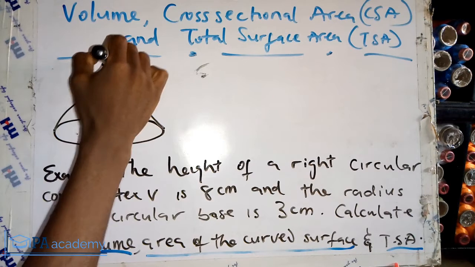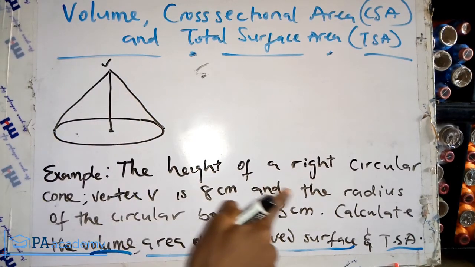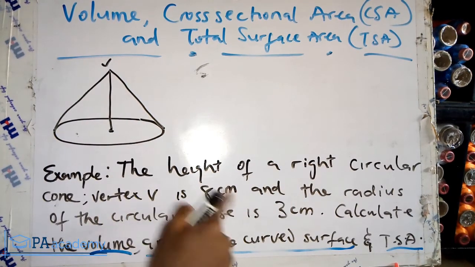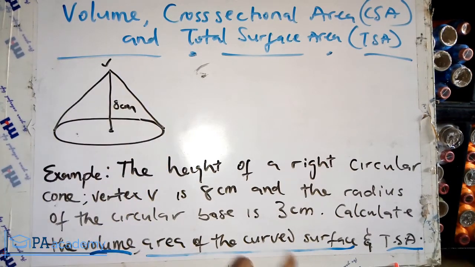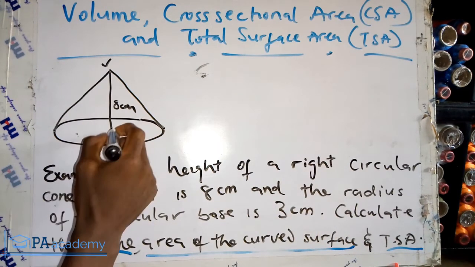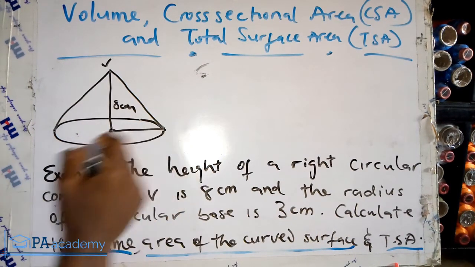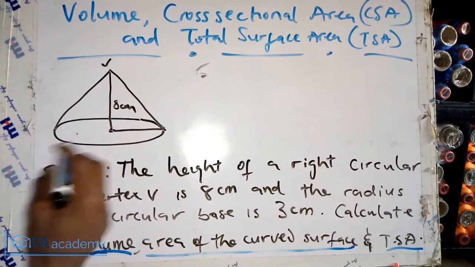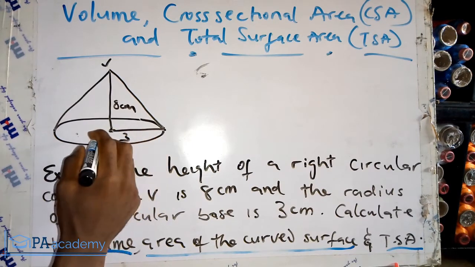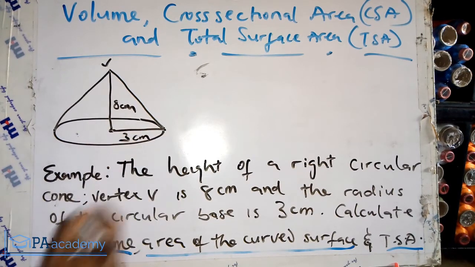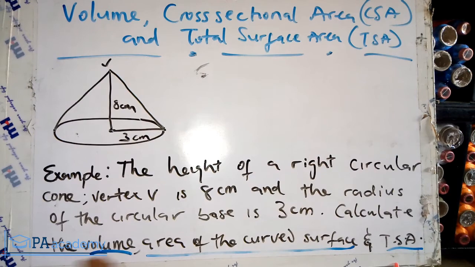This is the vertex V, and the height of the right circular cone is 8 cm. And the radius of the circular base is 3, so the radius from the center to the circumference is 3 cm.